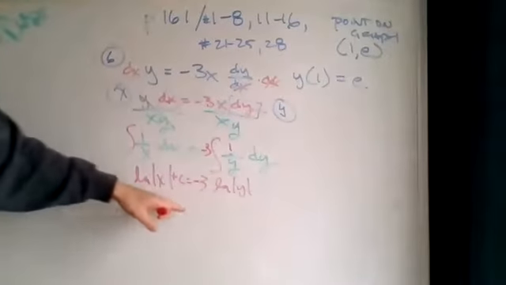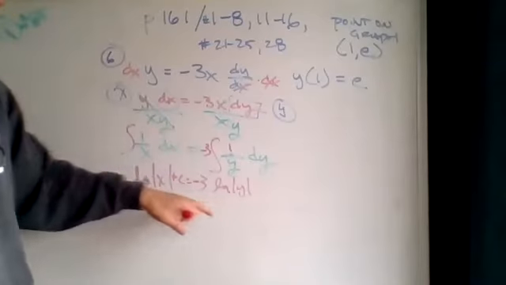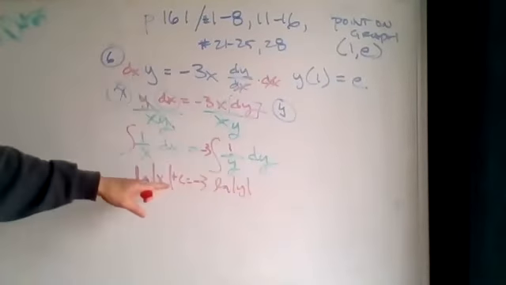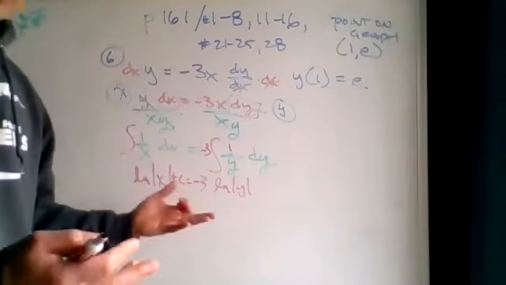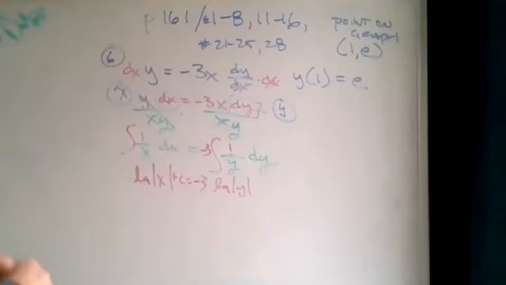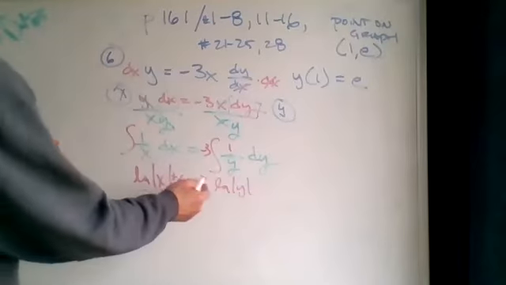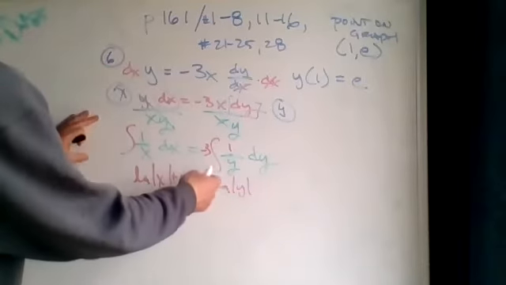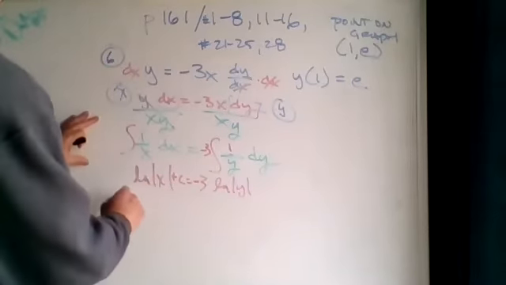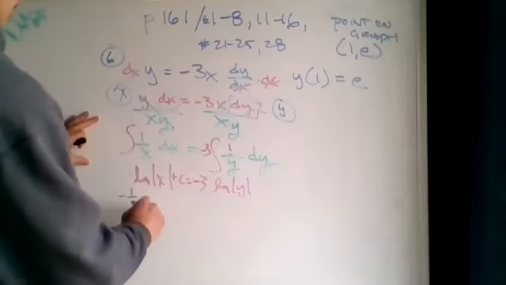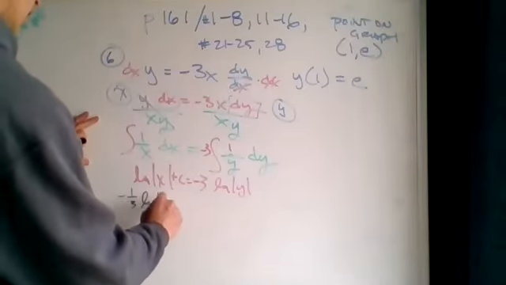And I always do that because I have to solve for that y, and if I put the constant over here, I have to move it over here anyway. So I guess I could have moved it with the x, but negative 1/3 natural log.